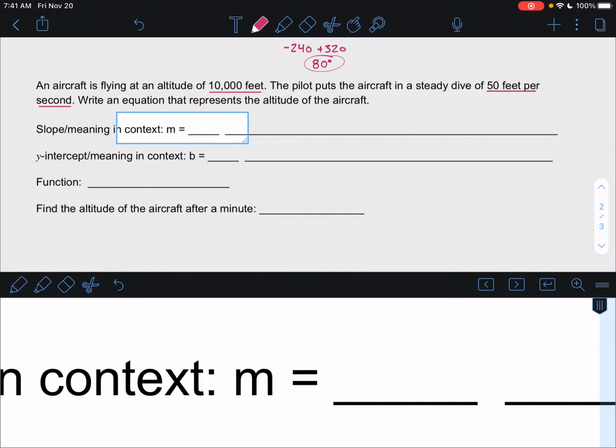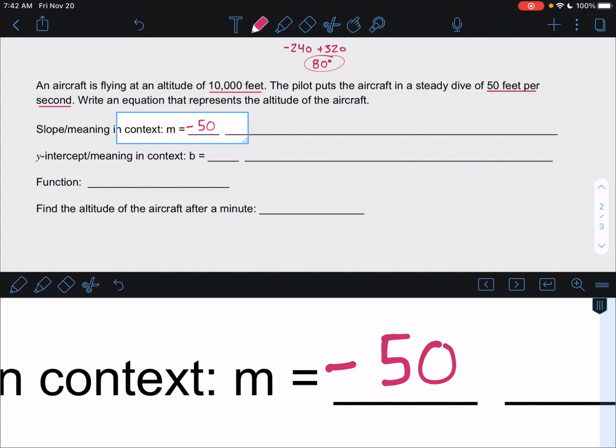So my slope, my rate of change, because remember slope is the same as rate of change, is going to be that 50. However, if we read the problem carefully, it says he puts it in a steady dive, not a steady ascent. So a steady dive means he's going down.